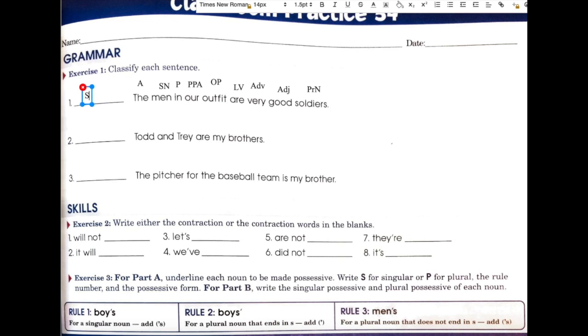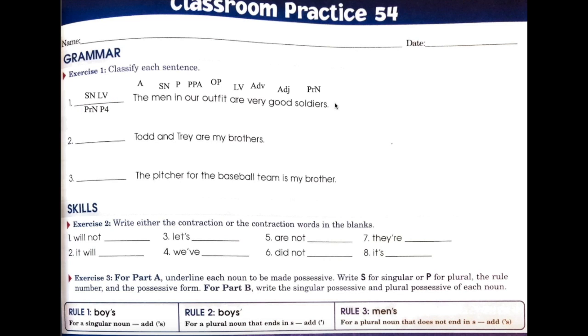This is subject noun, linking verb, predicate noun, pattern 4. Period, statement, declarative sentence. Let's put parentheses around the prepositional phrase. Let's divide the complete subject from the complete predicate. Find the verb. Are is the verb. And we'll divide it right here.